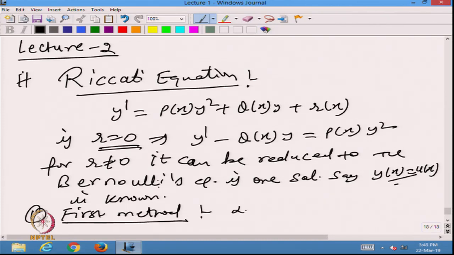So, let y(x) equal to u(x) be known. So, one of the solutions is known to me.